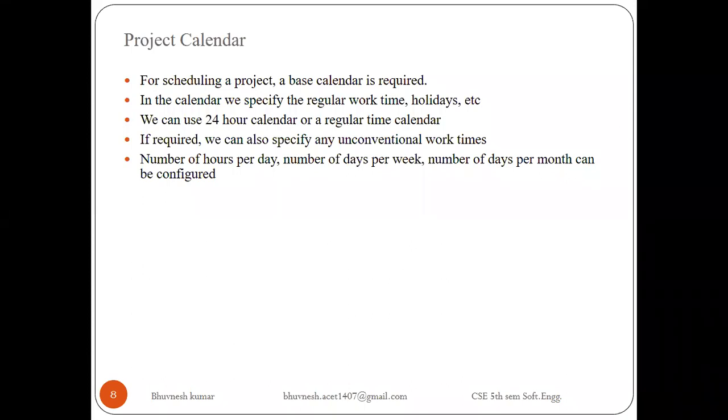That is an unconventional work time. If the project is important and we have to deliver it on time, then we will work on holidays also. Then number of hours per day, number of days per week, number of days per month can be configured. This should be checked while tracking your project.